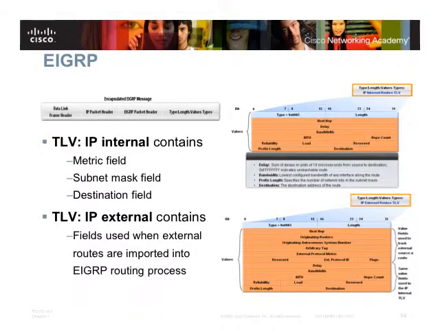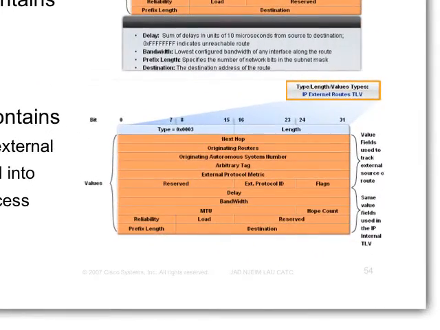And in here, as we can see, there are some fields that indicate originating autonomous system number. Here, the autonomous system number is the exact autonomous system number that we talked about before. So you have the originating router, originating autonomous system number, and then external protocol metric.